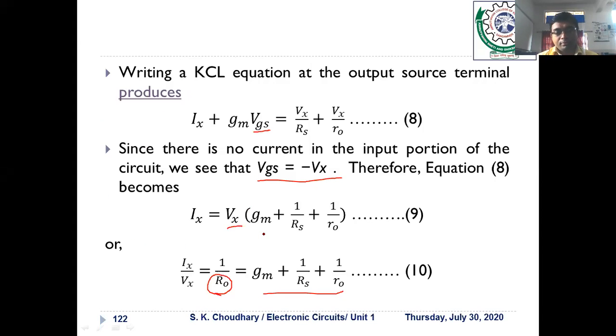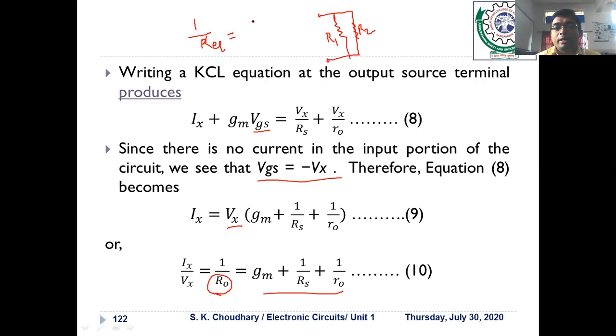Consider a simple resistive network where two resistors are in parallel, R1 and another resistor R2. What is the equivalent resistance of this? How do we find this equivalent resistance? I do not require the formula.